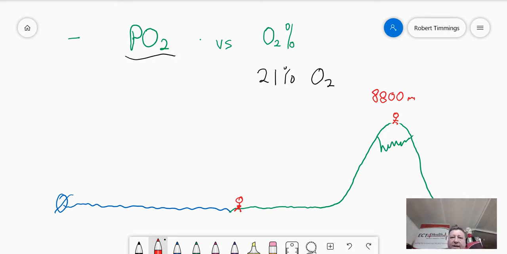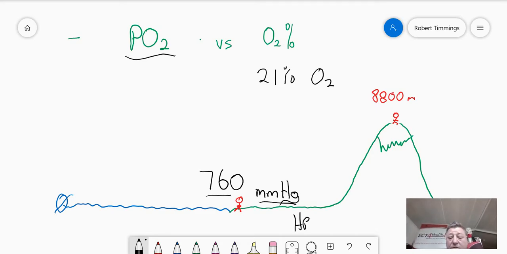So Frank is at sea level down here, and we know that the atmospheric pressure at sea level on planet Earth, in the pressure units of measure of millimeters of mercury, is 760 millimeters of mercury. That is the air pressure. Sometimes that's called millimeters of mercury, sometimes it's called hectopascals.